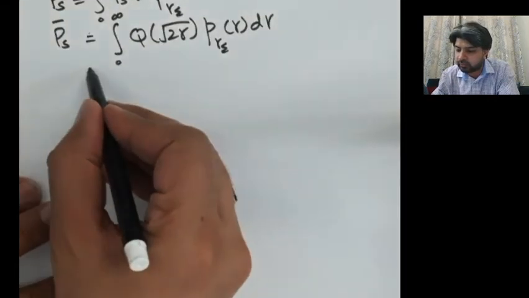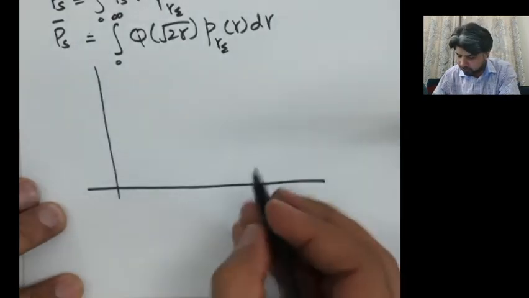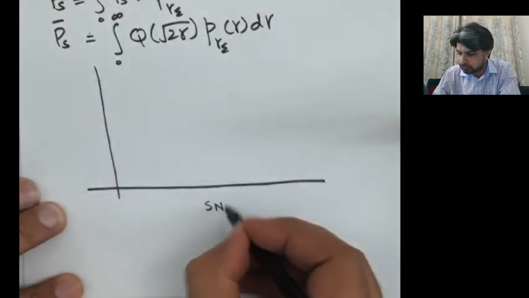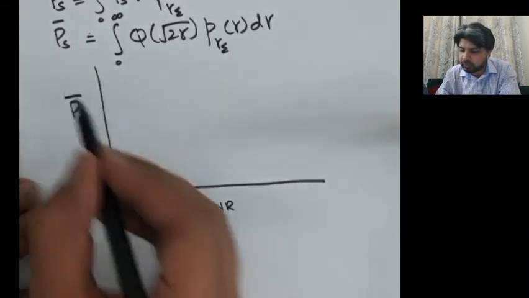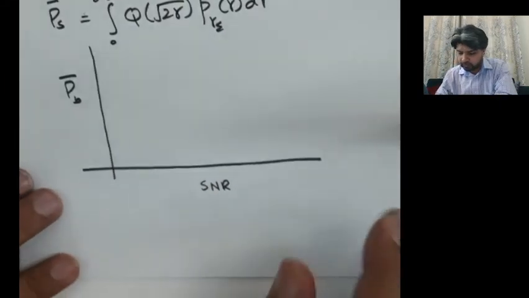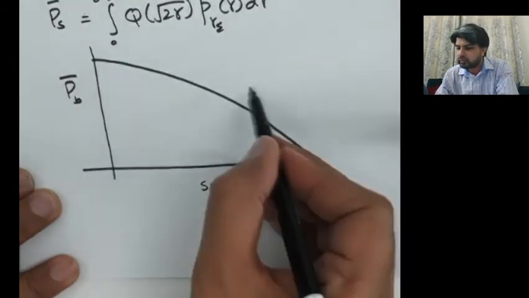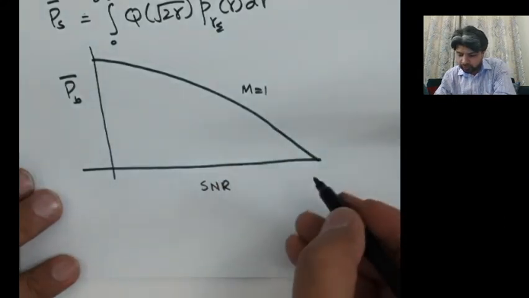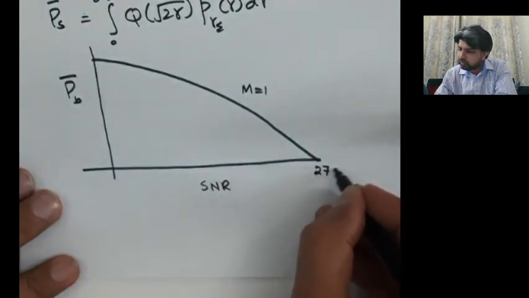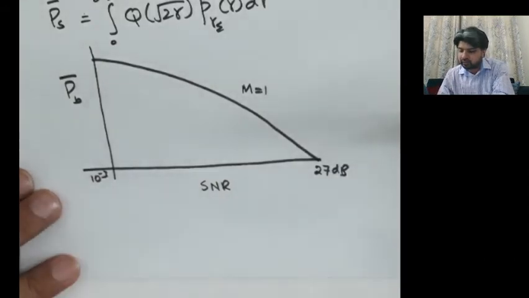Let me draw the graph here. On this axis you have your signal to noise ratio, and on this axis the average bit error probability for BPSK. Then for m equal to 1, you require 27 dBs for a bit error probability of 10 to the power minus 3.